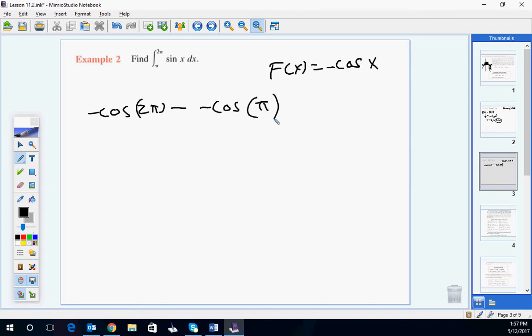Cos at 2 pi is 1, so we have a -1 here. Cos at pi is a -1 with a negative and another negative. So -2 would be your answer there.